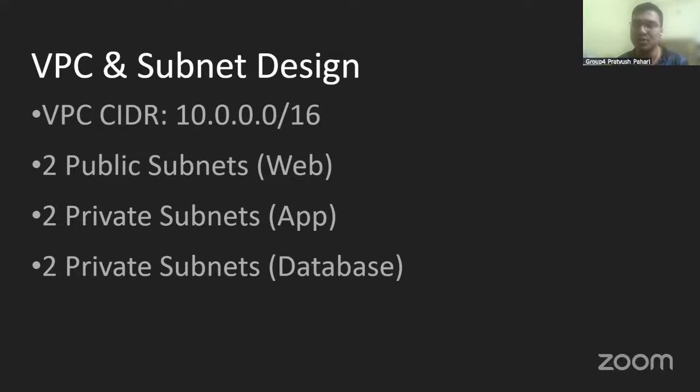After that, we need to design the six subnets: two public subnets for the web tier, two private subnets for the app tier, and two private subnets for the database tier. I also need to give the CIDR ranges for these subnets, and I need to make sure the CIDR ranges which we give to these subnets do not exceed the CIDR range of the VPC.